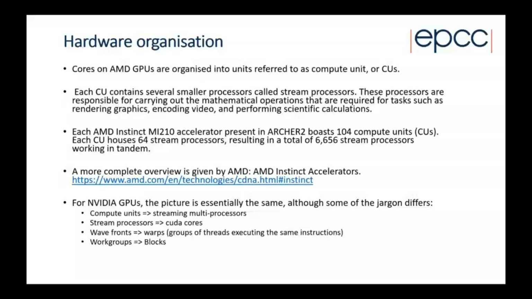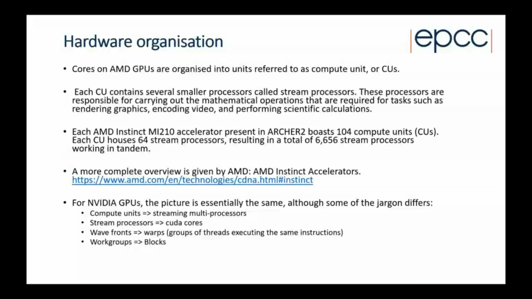Okay, cores on an AMD GPU are organized into units referred to as compute units. Each CU, or compute unit, contains several smaller processors called stream processors. These processors are responsible for carrying out the mathematical operations. They're doing the actual arithmetic work required for tasks such as rendering graphics, encoding video, performing scientific calculations, or whatever else you want to do that's supported by the instruction set.